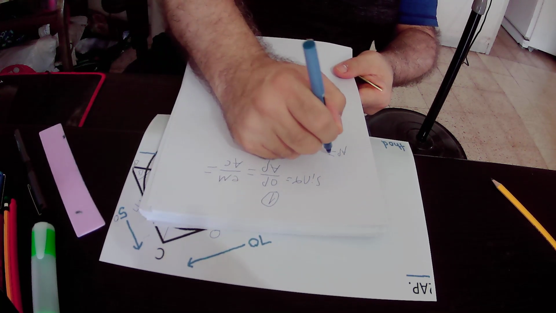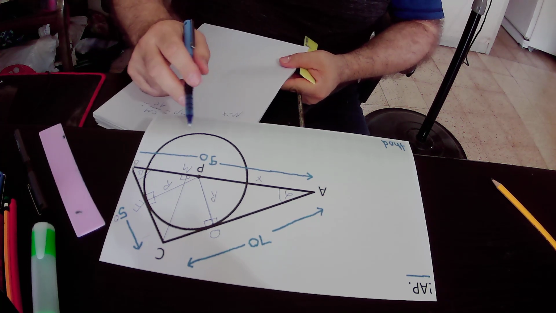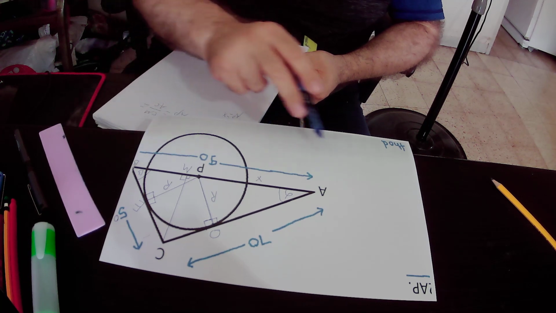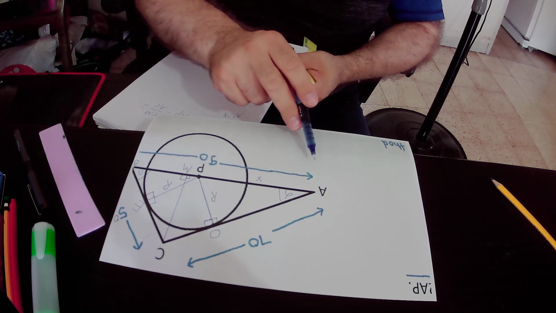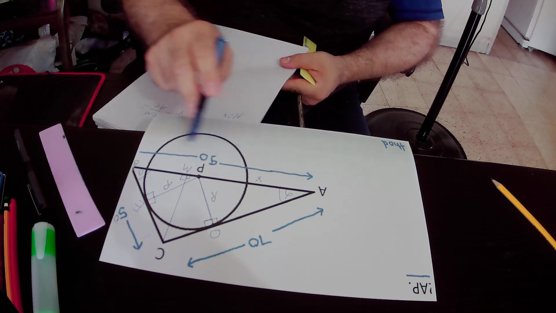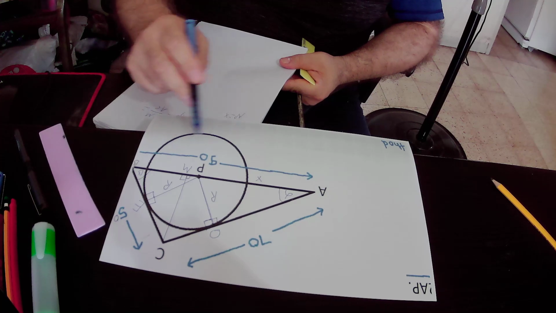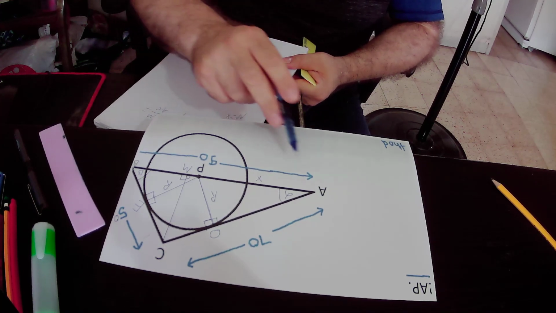And PB will be equal to AB minus AP. That is to say, because AB equals 90 units, minus AP, that is x.